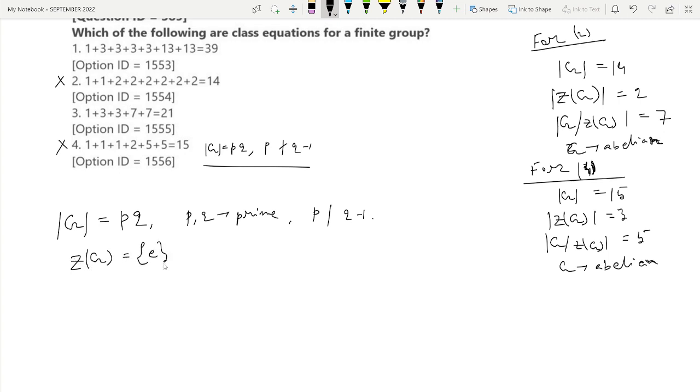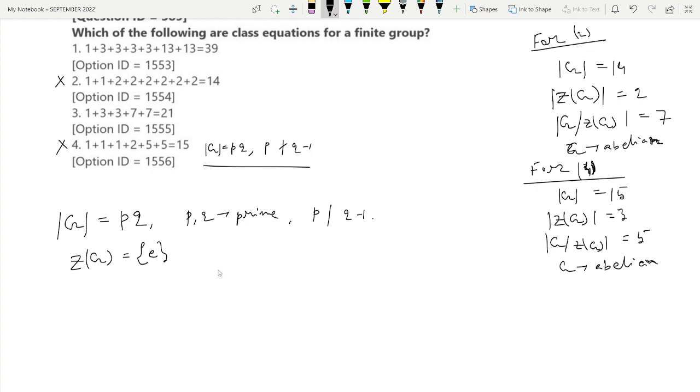See, actually in this group the order of Z(G) must be 1, so this will be the singleton {e}. Why? Because if the order of Z(G) is p or q, then G by Z(G) will be a group of prime order, so cyclic, and hence G will be abelian. So G is abelian, and the class equation will be 1 plus 1 plus 1 of that type, and so it is not the case.